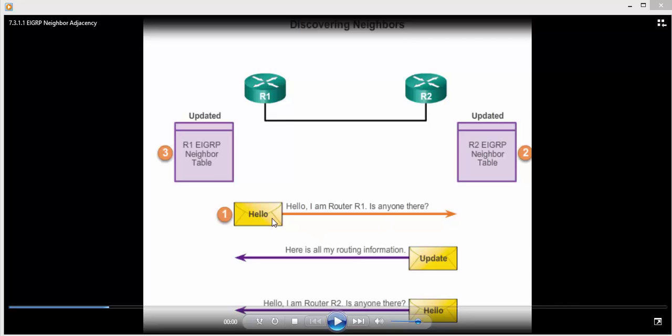First, a new router, R1, comes up on the link and sends EIGRP hello packets through its EIGRP configured interface. Here's all my routing information. It sends a hello: I'm router R1, is anyone there?